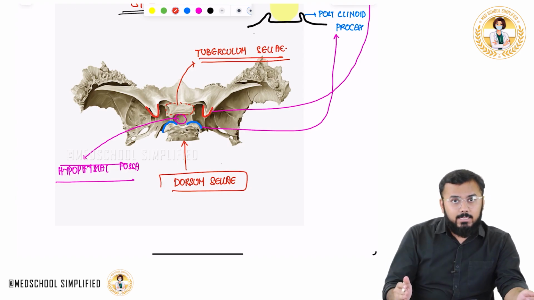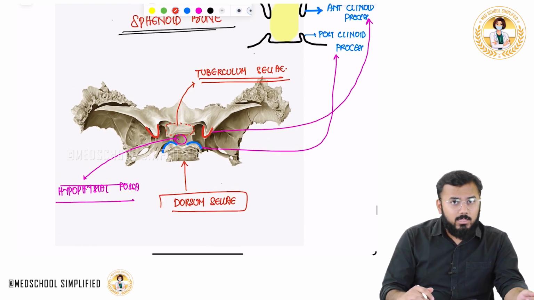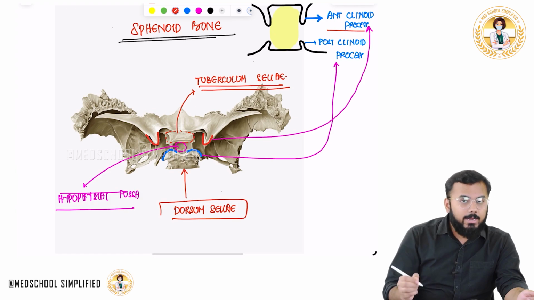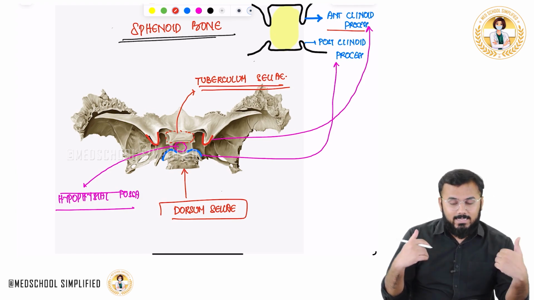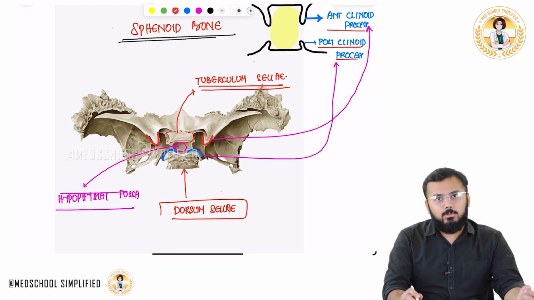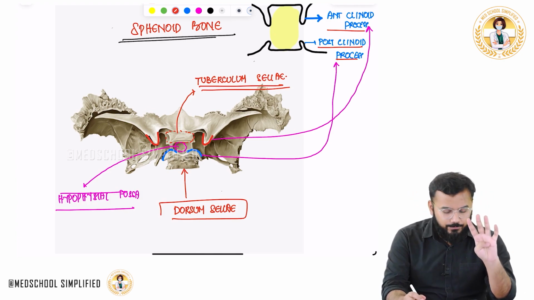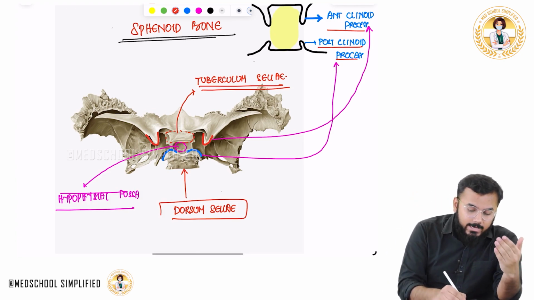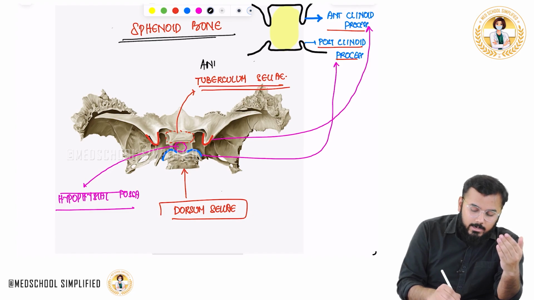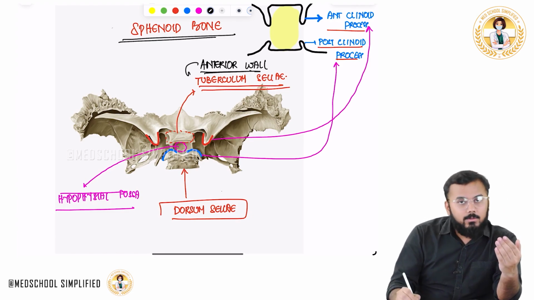And on either side of this hypophyseal fossa, what is there? In the front we have the anterior clinoid process, and on the back, on either side, we have the posterior clinoid process. So there are four structures here. The anterior wall is formed by the tuberculum sellae.